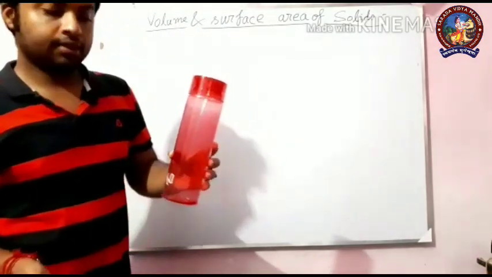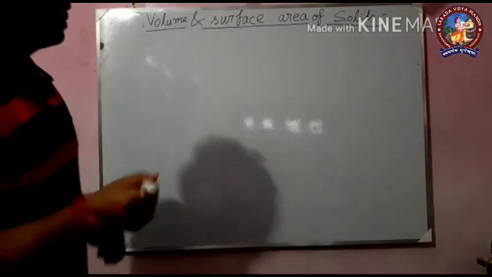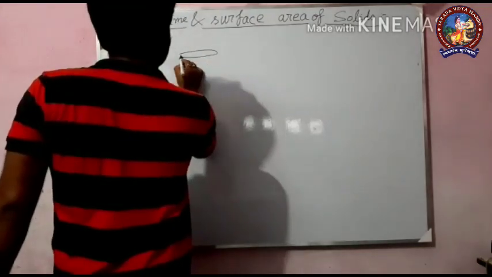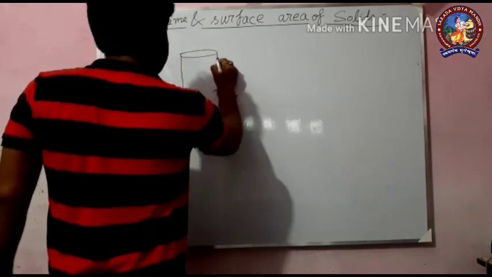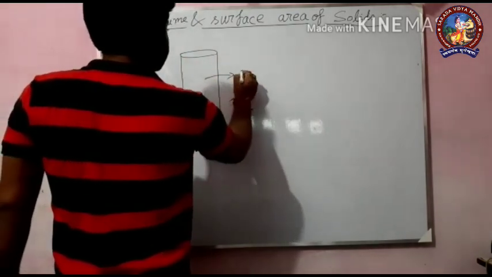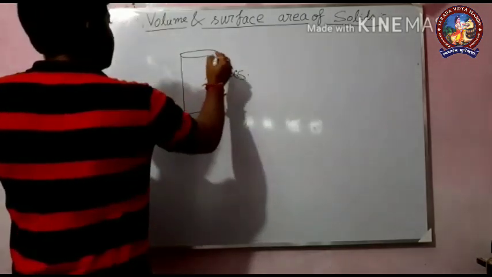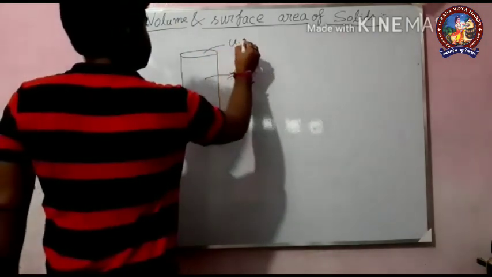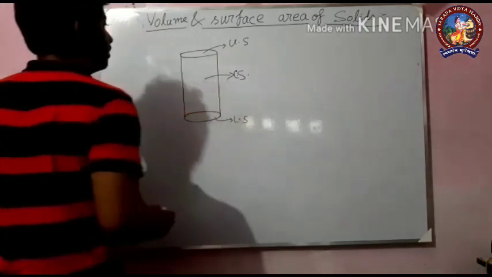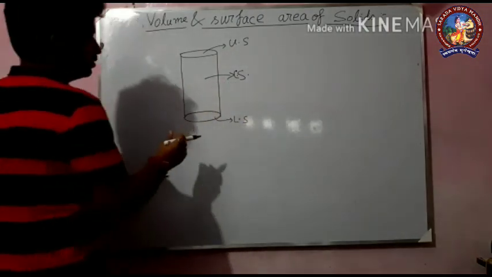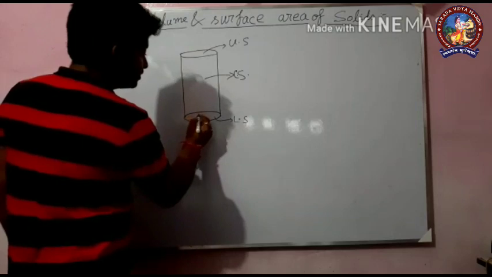Now I am going to draw a picture of a cylinder. This is the upper circular surface, that is a plane surface. This is the lower one, and this is the curved surface. Now, suppose, since this is a circular surface, these two must have a radius.